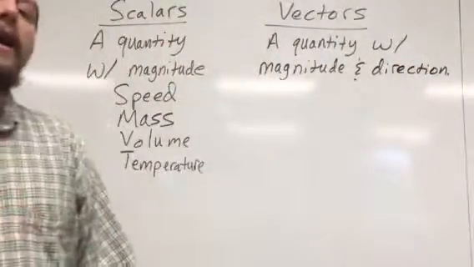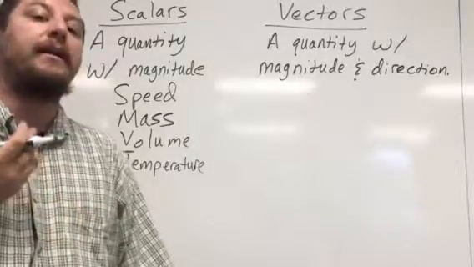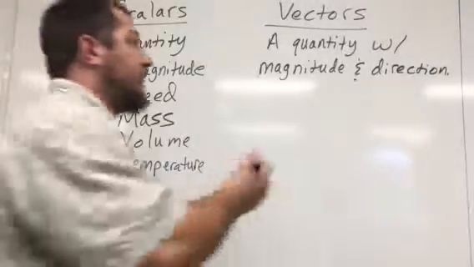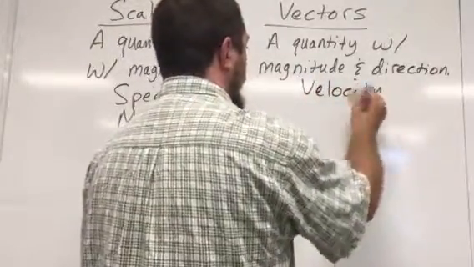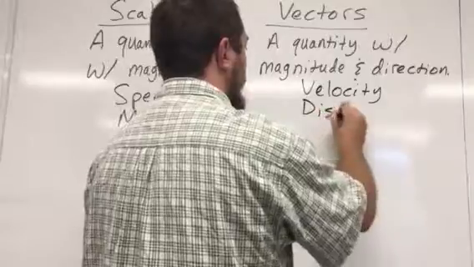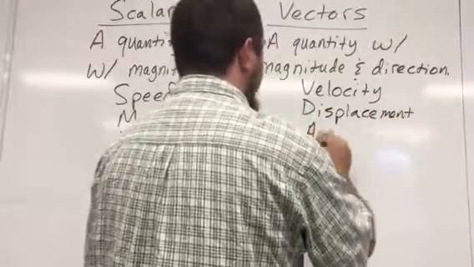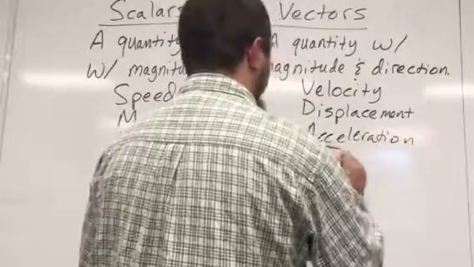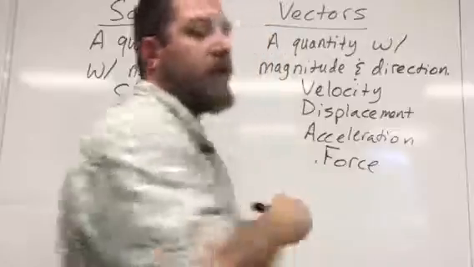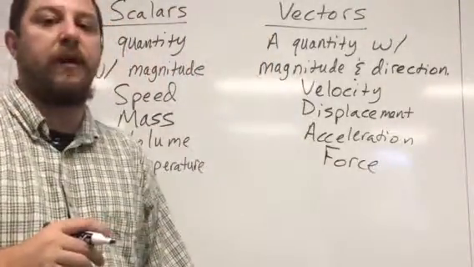Okay, so a vector is a quantity that has both magnitude and direction, and examples of vectors are things like velocity, displacement, acceleration, and force. Those are the big ones that we are going to study this particular semester, okay? Velocity, displacement, acceleration, and force.